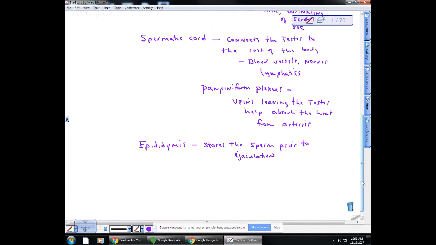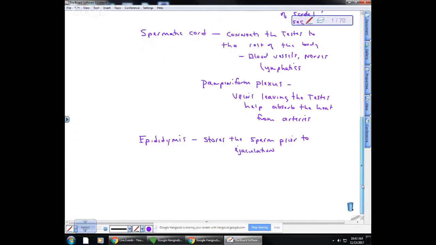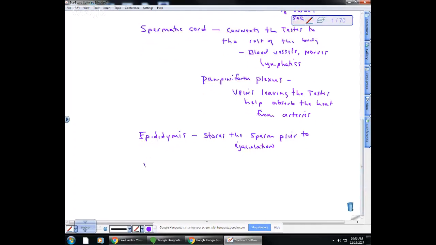And then upon ejaculation, the sperm that is stored here leaves and it travels via the vas deferens. And sometimes they call this the ductus deferens. So this is a duct that transfers the ejaculate back into the body cavity.